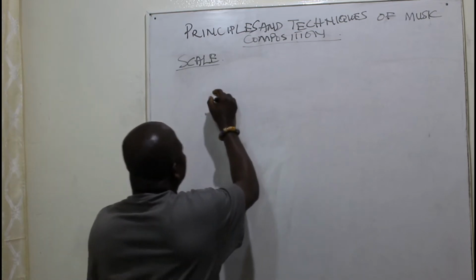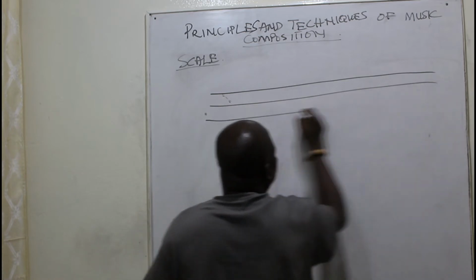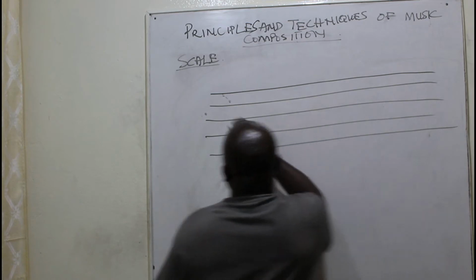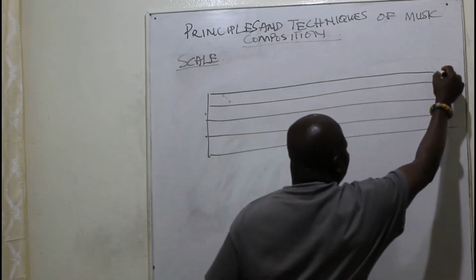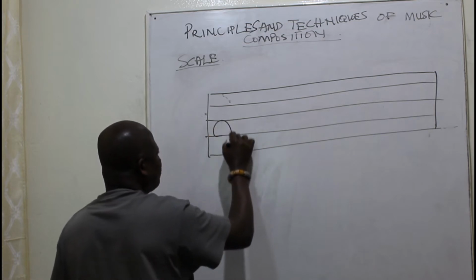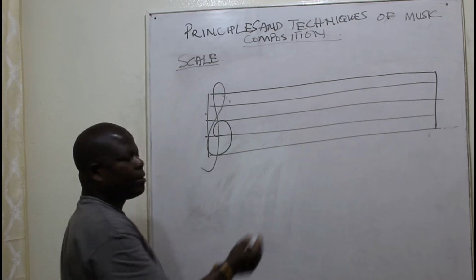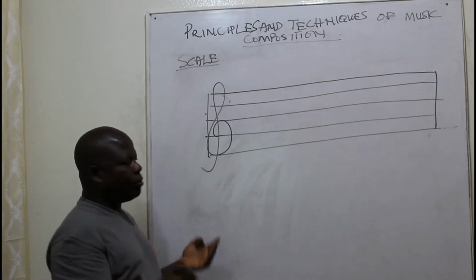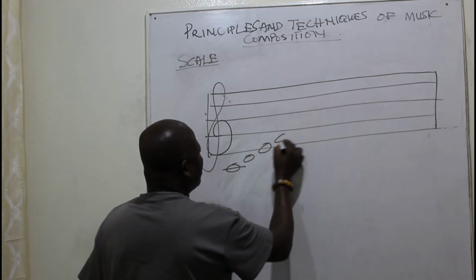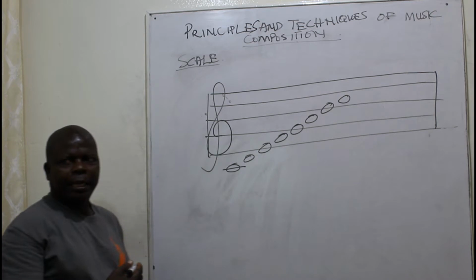Now, if you say scale, this is how I am going to do it on the board for you to see. On the staff, you draw your treble clef, and from there we are going to draw a scale of C. You already know C, 1, 2, 3, 4, 5, 6, 7, 8 is a scale.